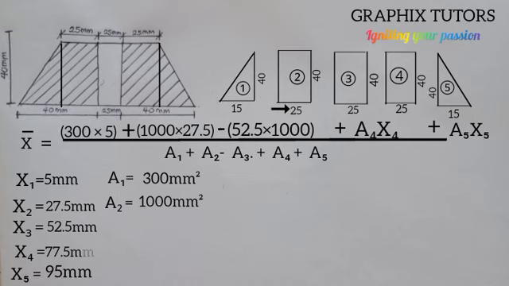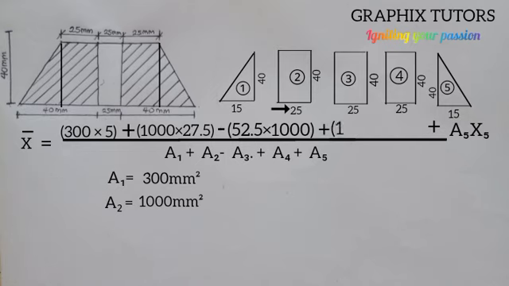So I'll put it on one side, this is what we have, plus my A4 x4, that will be 1000 times 77.5, because A4 is 1000 and x4 is 77.5, so we have this, plus my A5 x5, that will be 300 times 95, right?